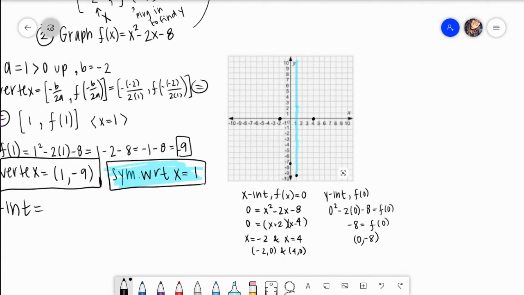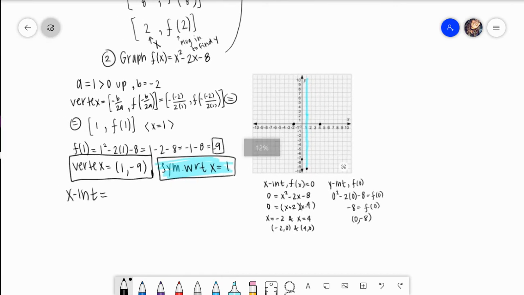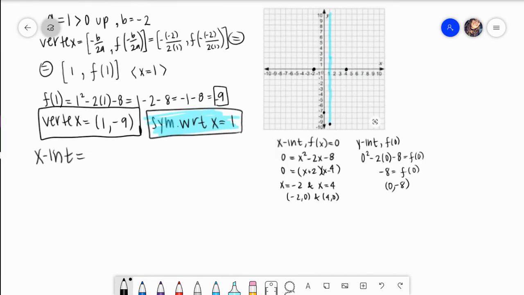Okay, so what do I have here? Negative 2, 0, and I've got a 4, 0, and then for my y-intercept, I got 0, comma negative 8.